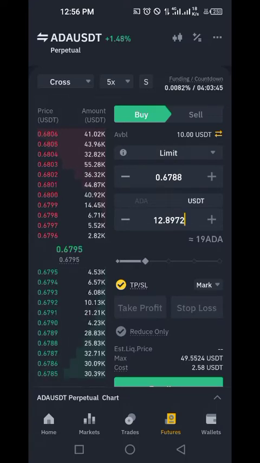So if I'm trading with 2.58 US dollars, because I am on cross margin, it has access to all my remaining balance, meaning that if the trade goes against me, it has the tendency of liquidating my remaining balance, of clearing the remaining balance I have here.